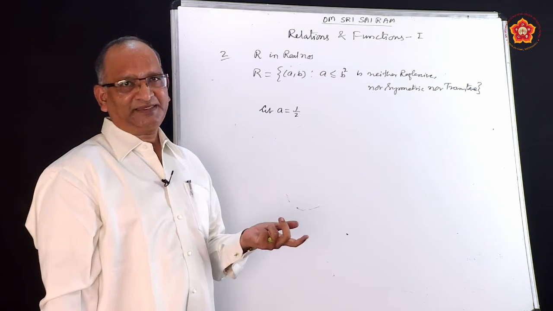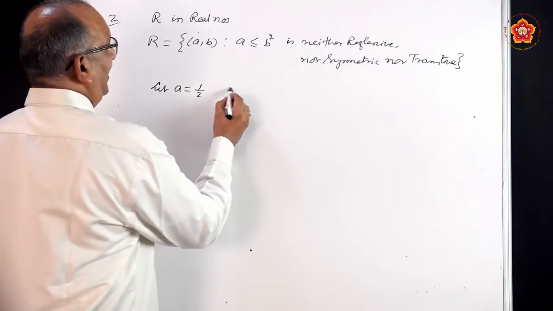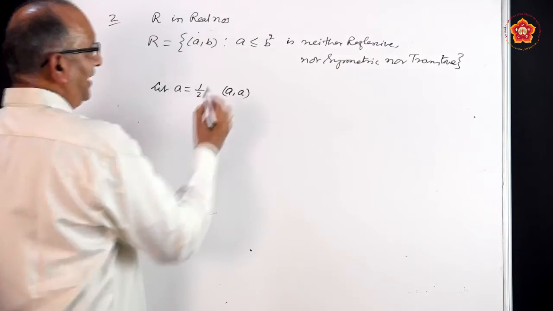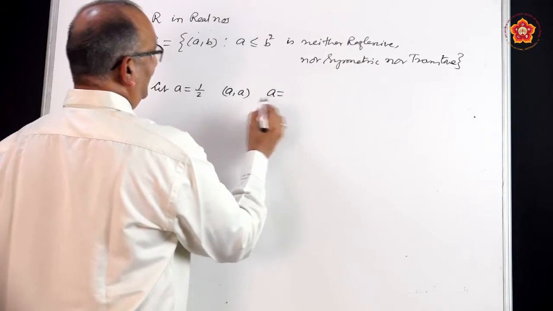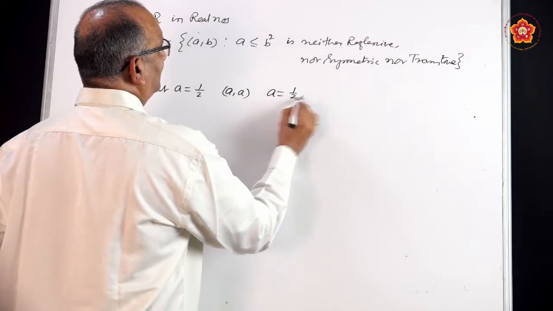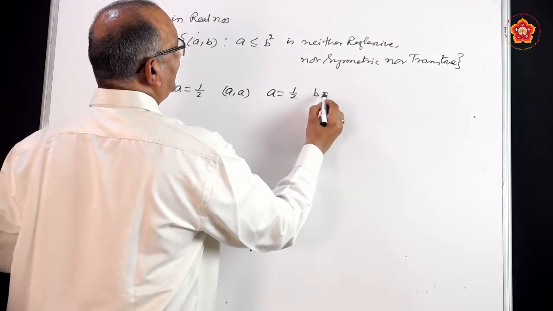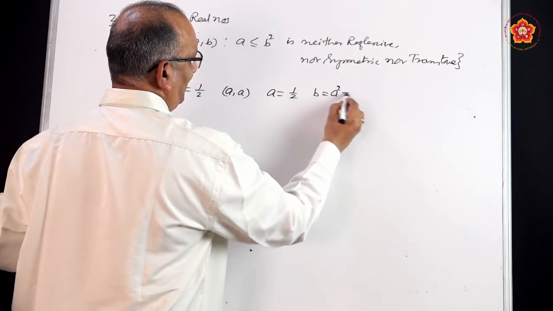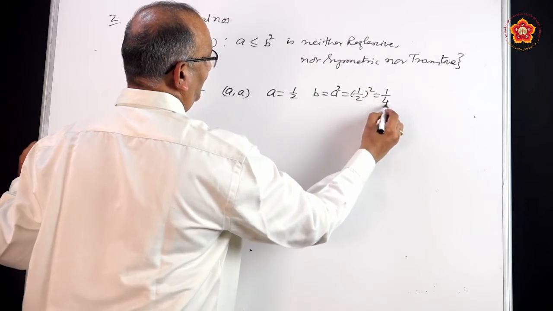When do we say reflexive? A should be related to A. So, A is equal to 1 by 2, and B is equal to A. So A square is equal to (1 by 2) square, which is 1 by 4.